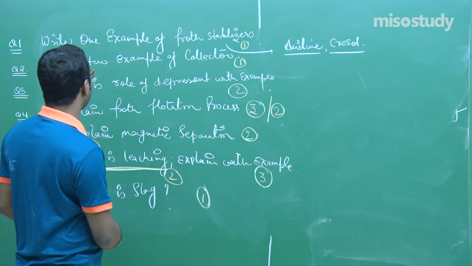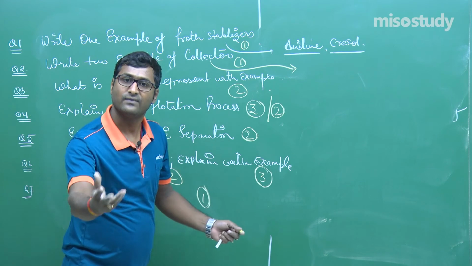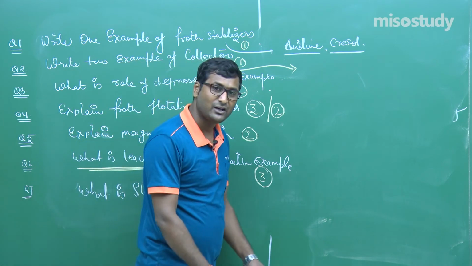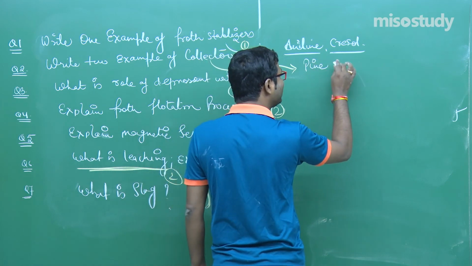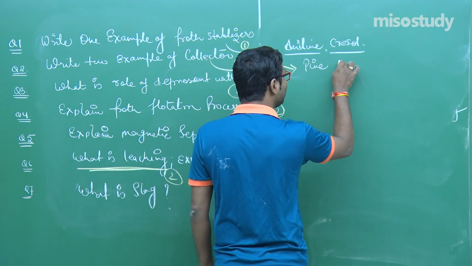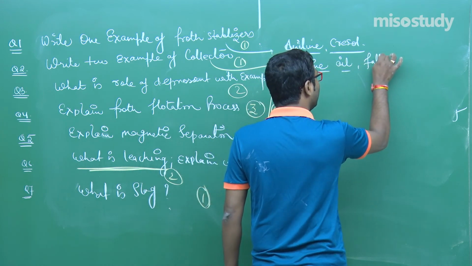Now, if anyone asks you to write 2 examples of collector, it's very simple. Pine oil, eucalyptus oil, my friend, sodium ethyl xanthate, fatty acid, these are all examples of collector.